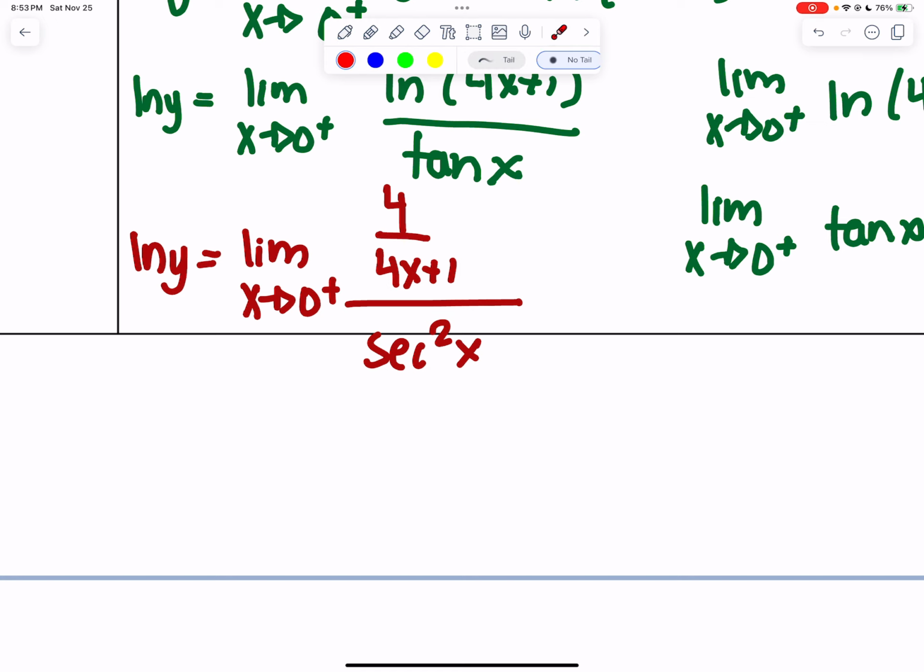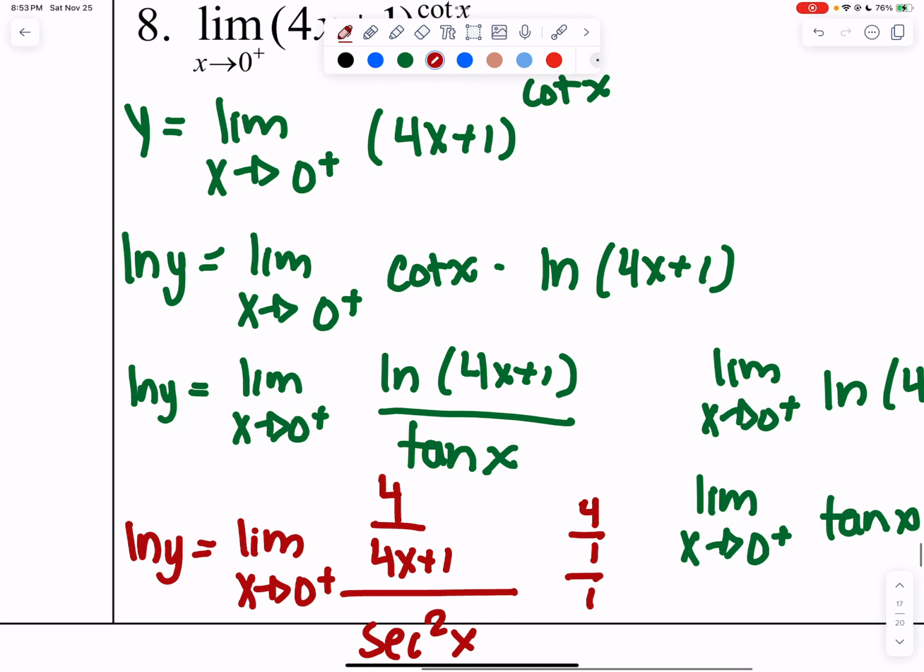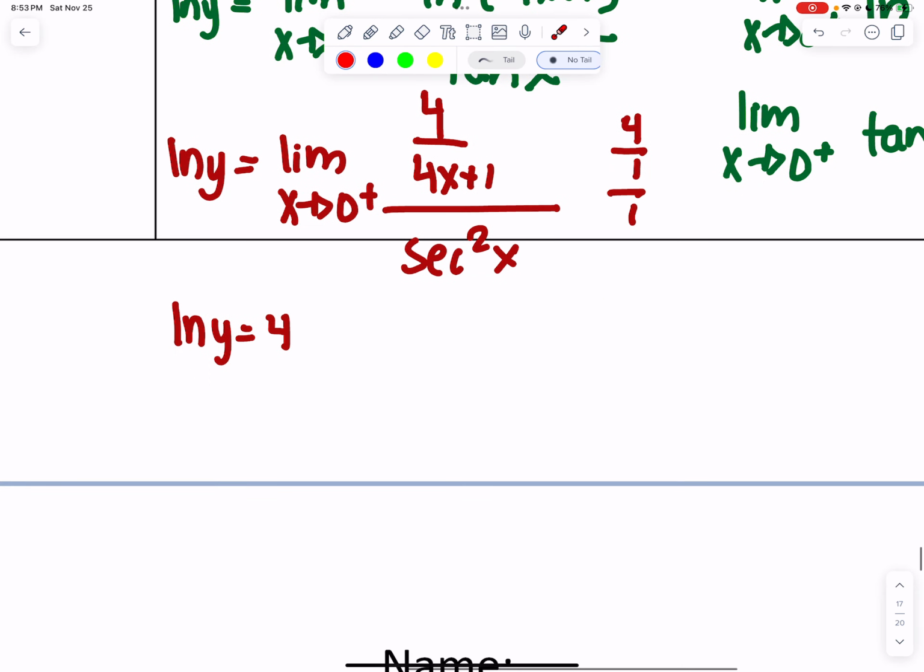Using direct substitution, you are going to actually get 4 over 1 over 1, which is just going to be 4. So now you have ln of y is equal to 4. But remember that you want y, aka this right here. So if I were to do that, using our little trick that we learned back in Math 3, our limit here is going to be e to the 4th.